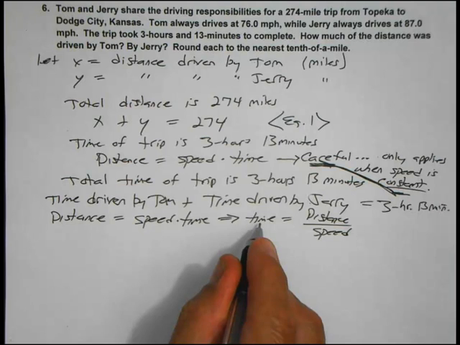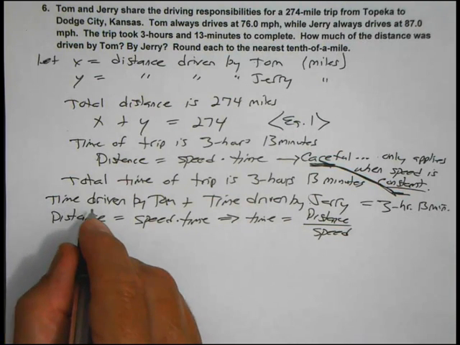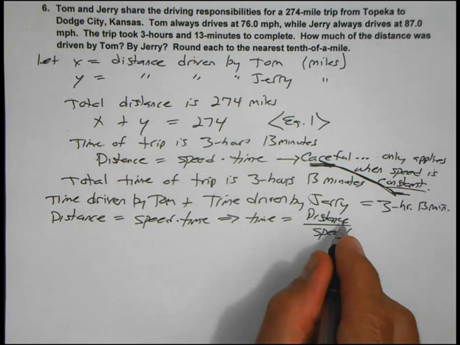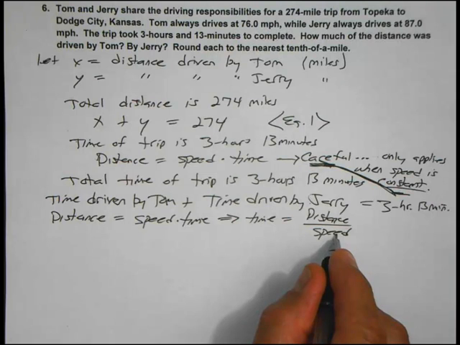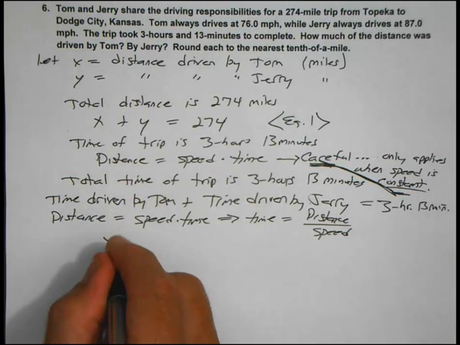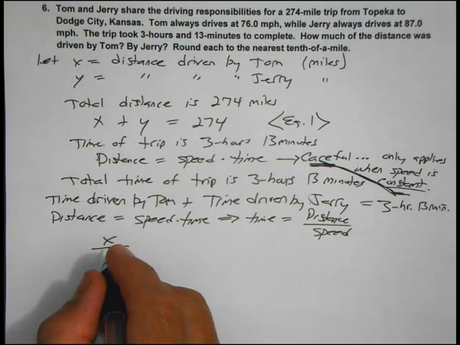And now we can think of another way to write time driven by Tom. We can take Tom's distance divided by Tom's speed. Tom's distance, that's our variable x. Tom's speed, that's in the problem statement as being 76.0 miles per hour.